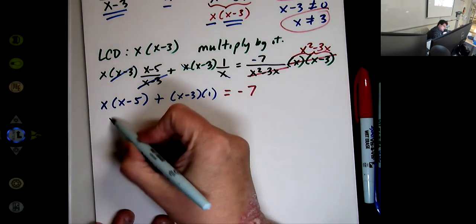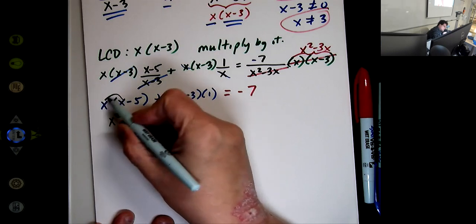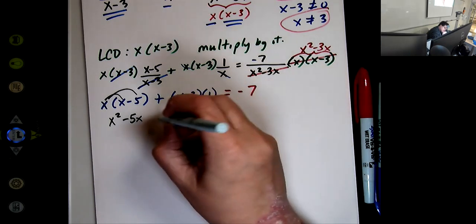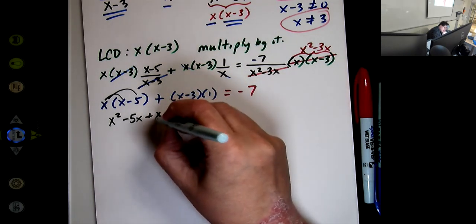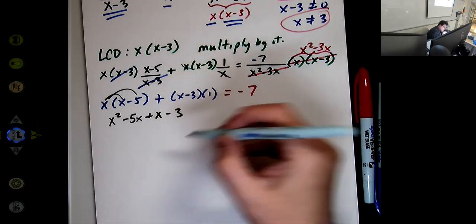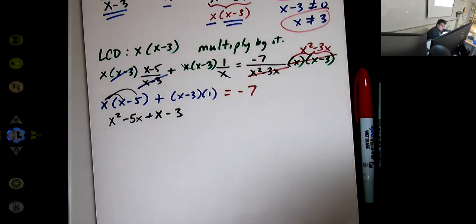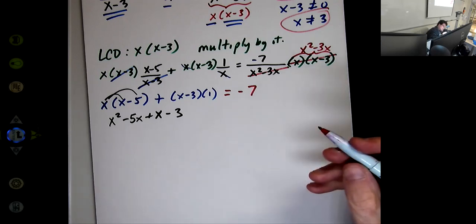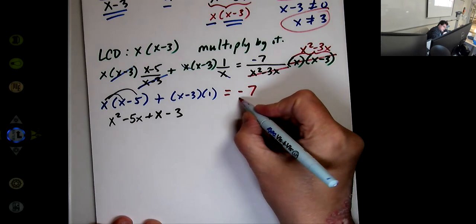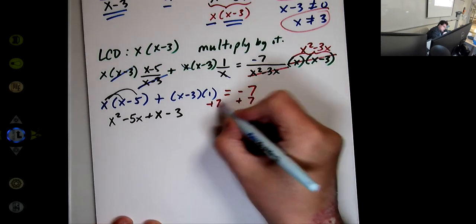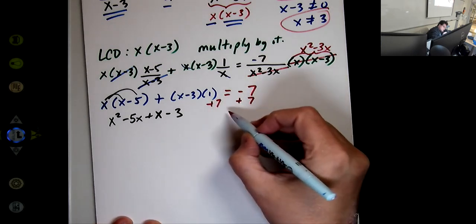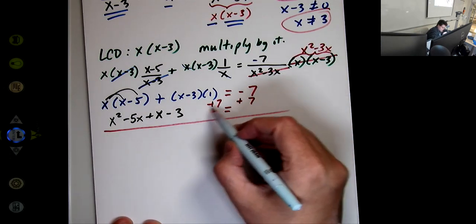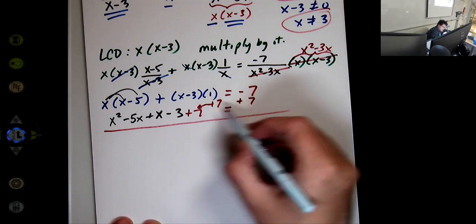X times x is x squared. And x times -5 is minus 5x. Then I have plus x minus 3. That's times 1, so that doesn't change anything. I'm going to add that 7 to both sides right now, real quick, too. So the +7 goes here, and I got a 0 there.